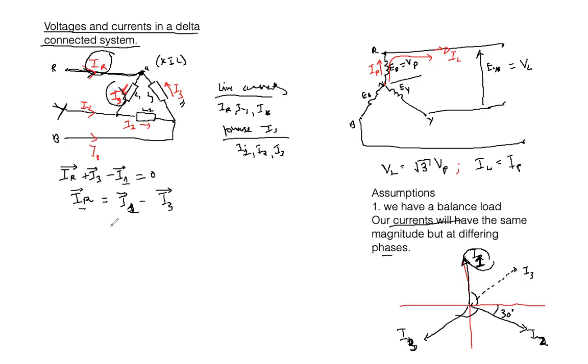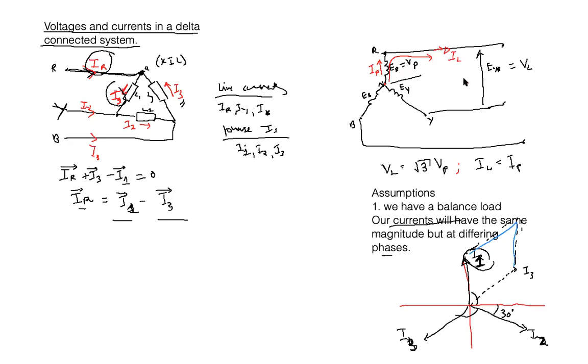Then what we're going to do now, we're going to say I1 plus minus I3. We're going to add these two phasors. So I take this phasor and put it in front of this one. Then I take the other one, I put it in front of that one. So we're adding the two. So here I'm going to get, let me put it in a different color, the sum of these phasors.